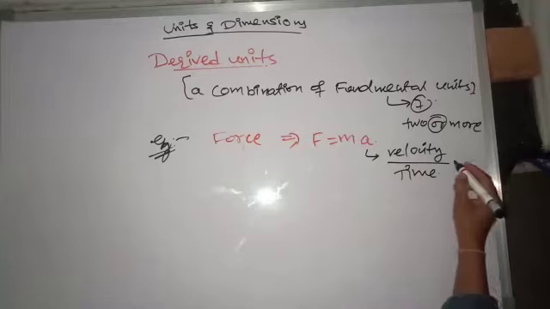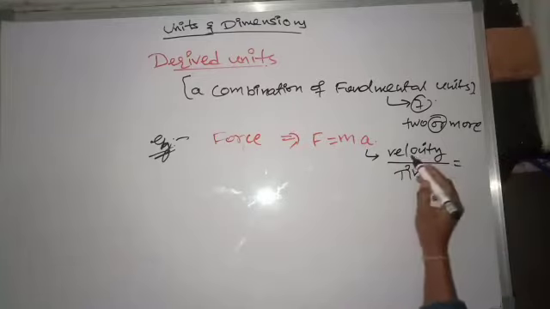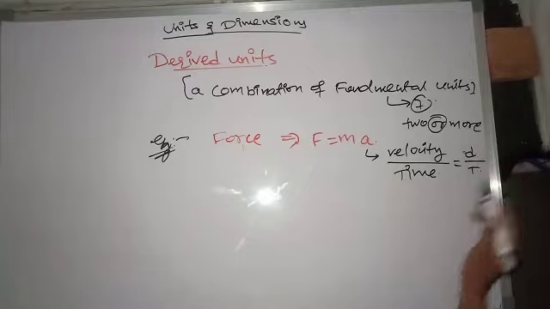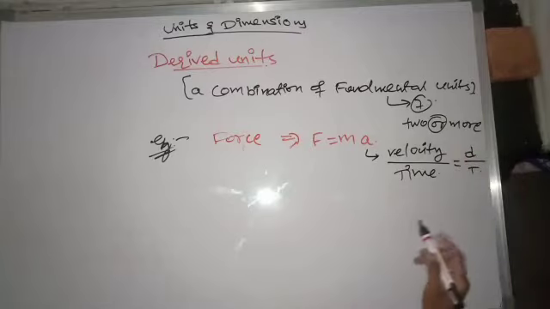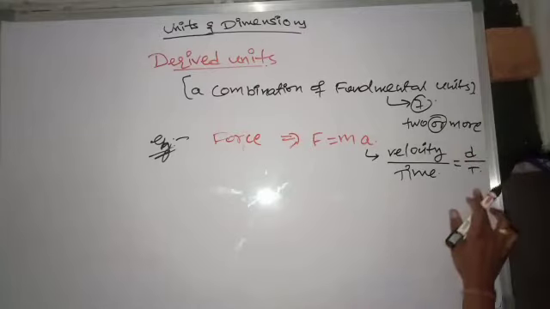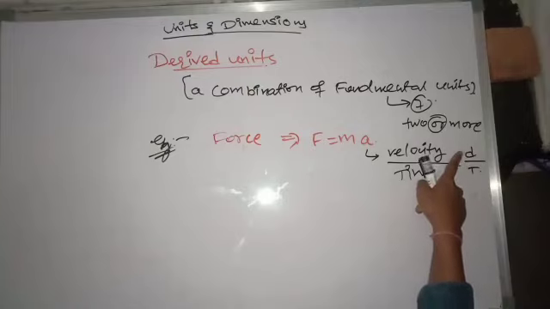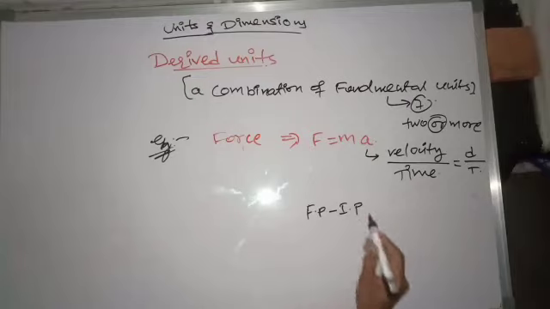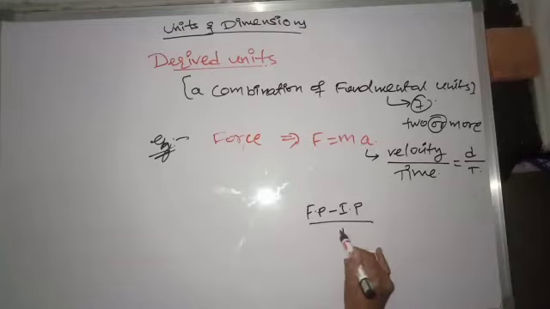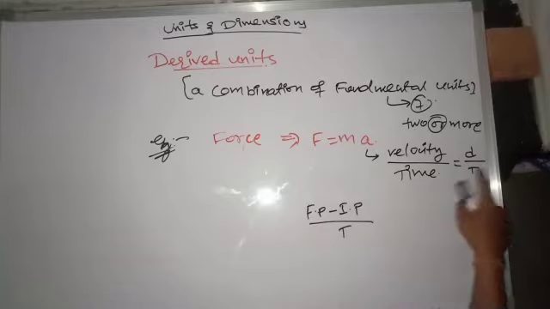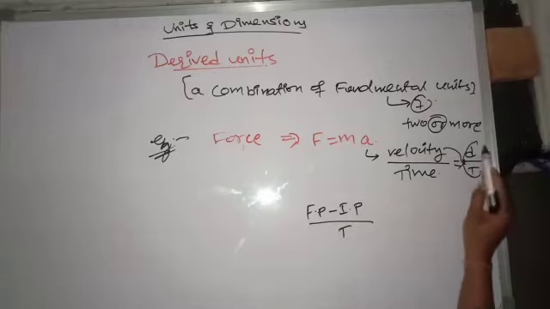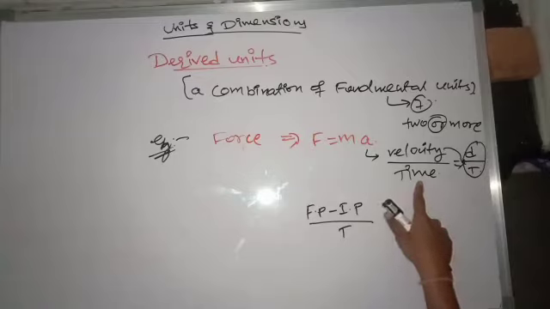And what is the definition for velocity? Displacement by time. Displacement is measured in terms of meters, because here we are measuring the length. What is displacement? Final point minus initial point. Here I had written only the definition for velocity, and we are left with time in the denominator.